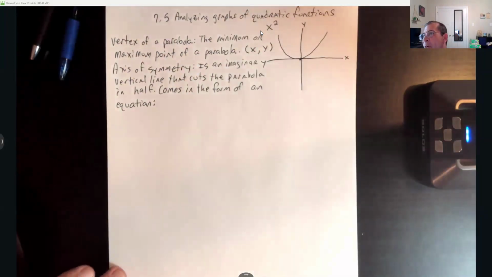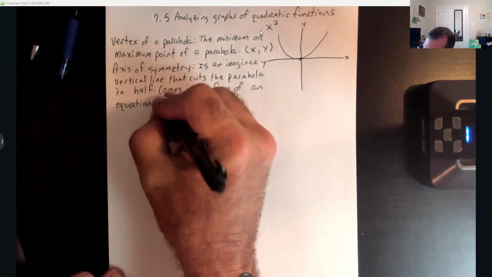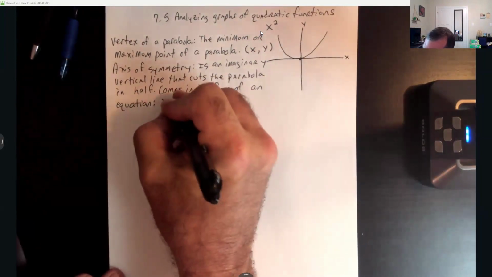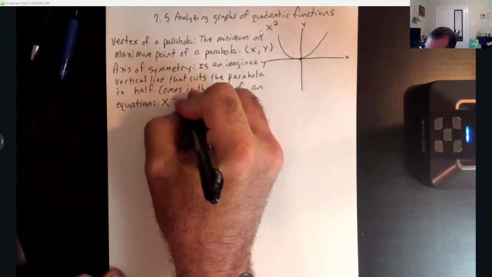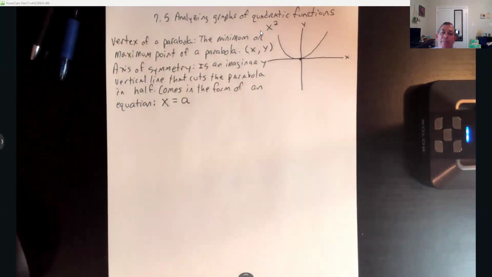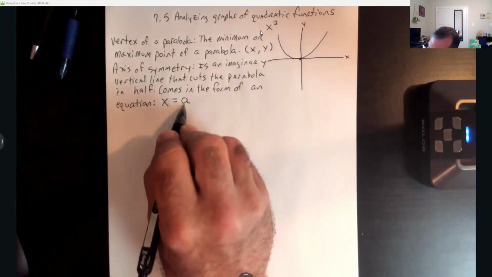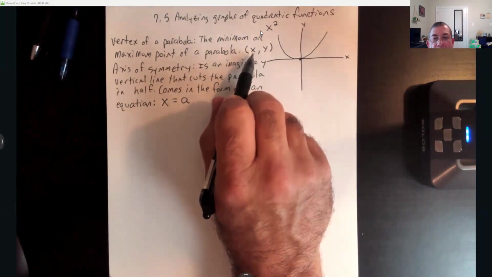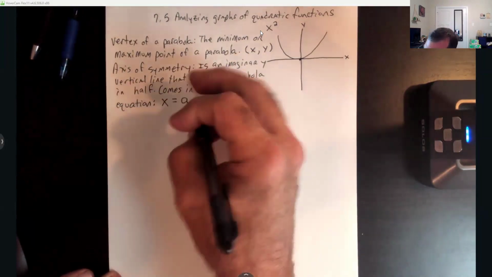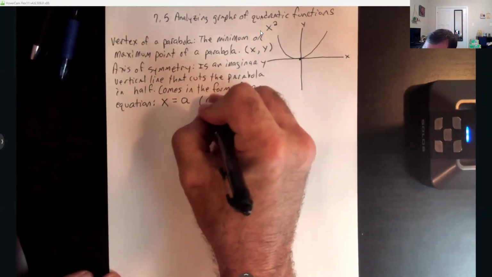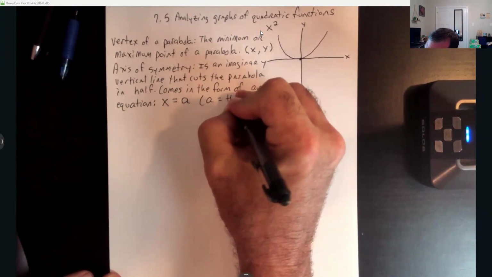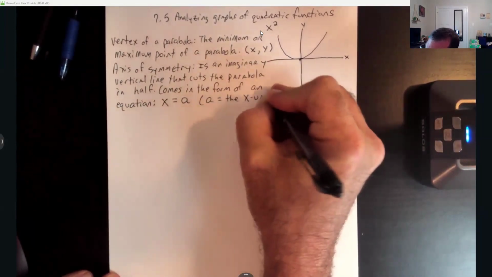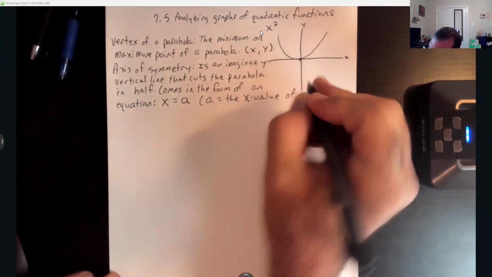Because remember when we was graphing the vertical lines, those were always in the form of x equals some number a. Okay, and a is actually going to equal the x value of the vertex.